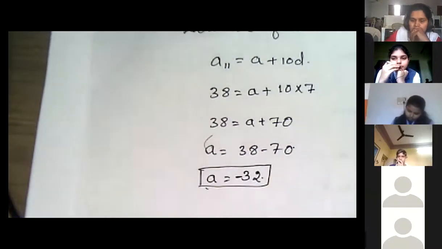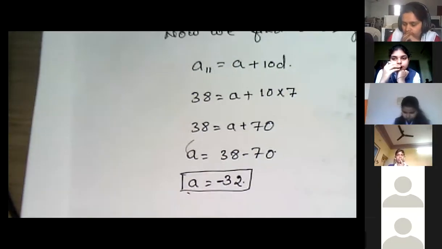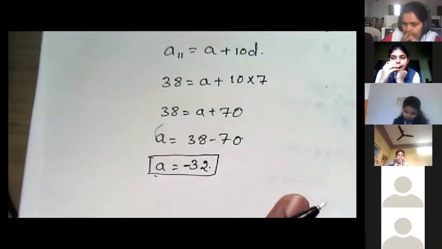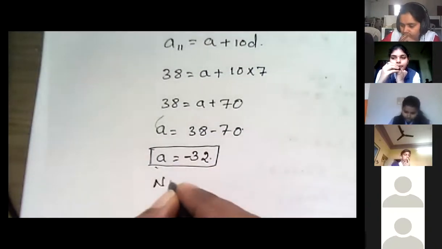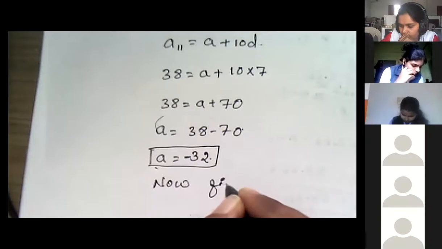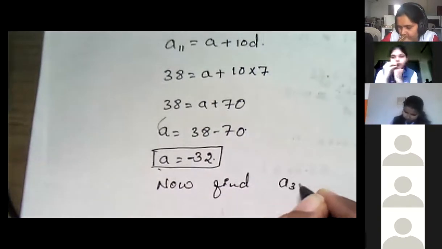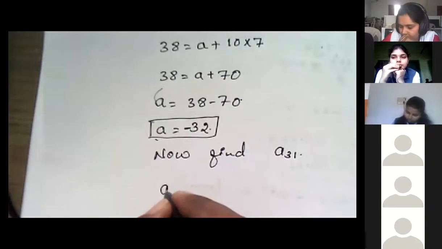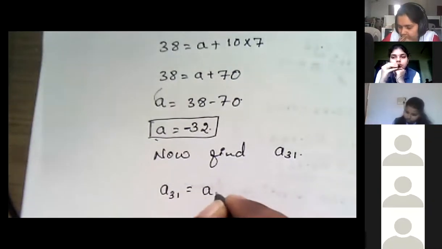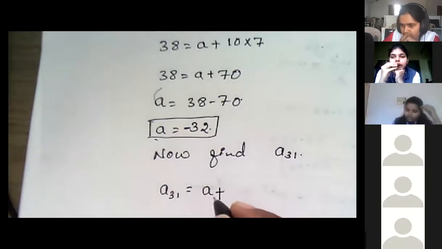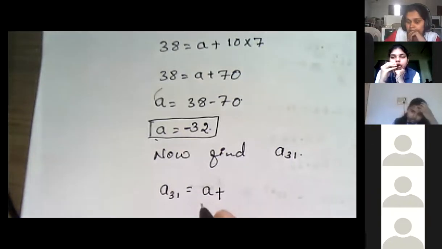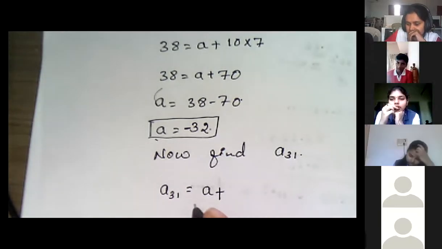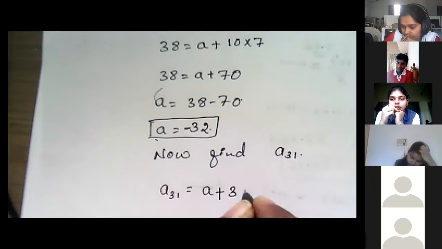Once we get A and D, we can find any value. So now which one will we find? The 31st. How to find A31? A31 equals A plus 30D.